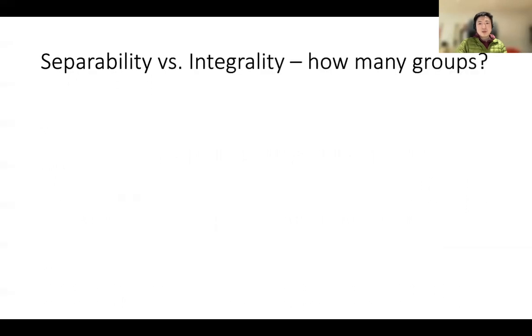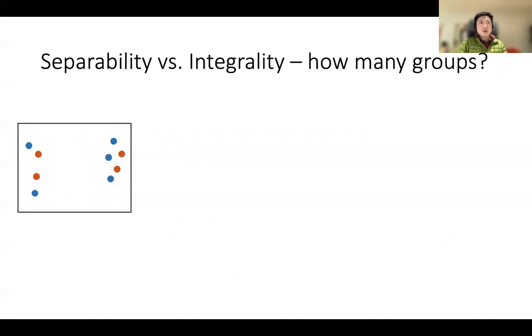Okay, so let's have a look at this example. We're showing dots in the visualization. Some dots are red, some dots are blue, but also there's a group of dots on this side and a group of dots on the other side.